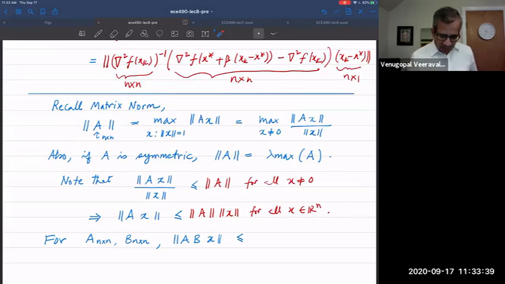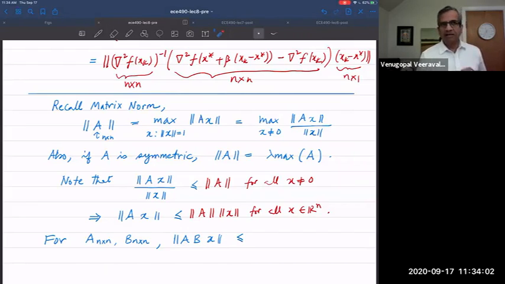This is going to be crucial, because what I'm going to do is apply it to this product. This is a matrix times a vector, and I want to upper bound that norm through a product of the norms of the matrices and the vector. And so this can be generalized.